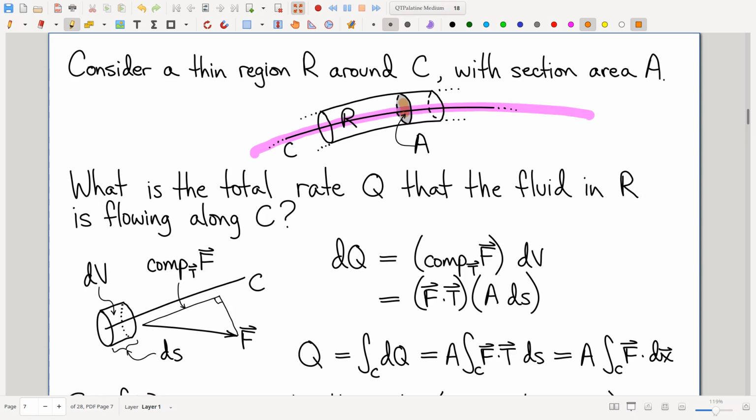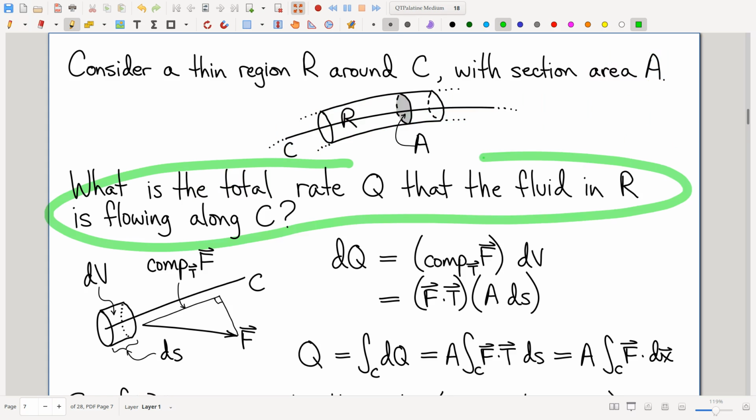We're going to take a piece of area perpendicular like that, and drag that along the curve to create a thin region, something like that. So long and skinny, it's almost like a tube, but it's not a tube, right? It's not confined inside there. It's just a bunch of fluid that happens to be near the curve. And here's a question we're going to ask, a seemingly weird question, right? It's going to turn out again to connect up with what we're interested in.